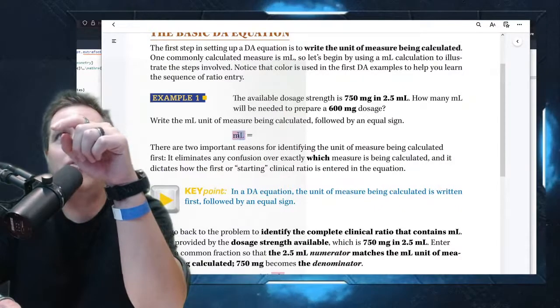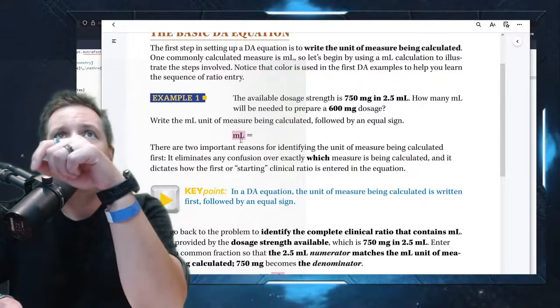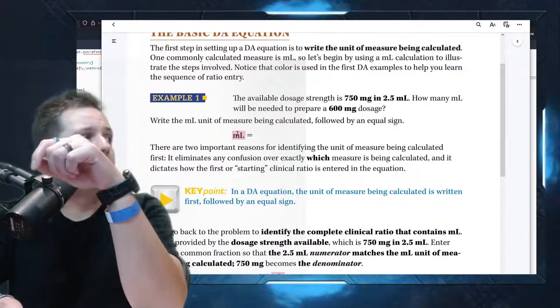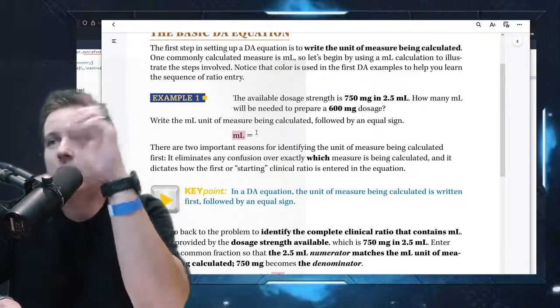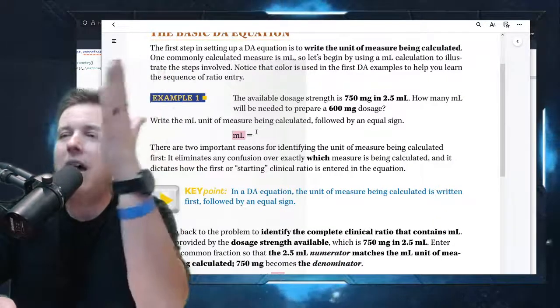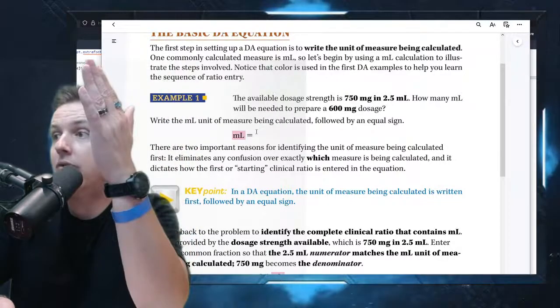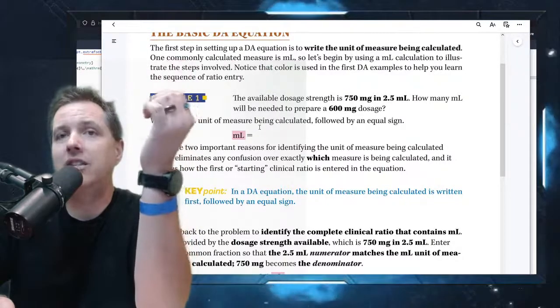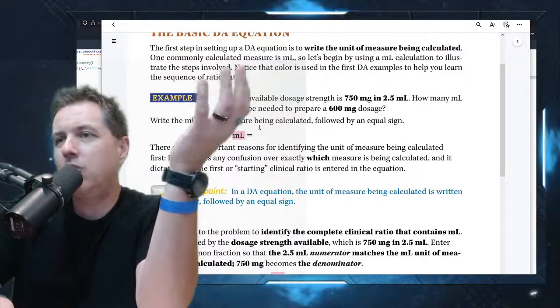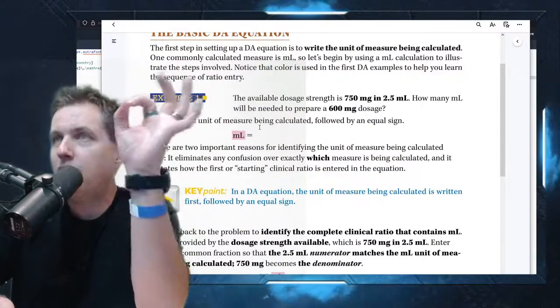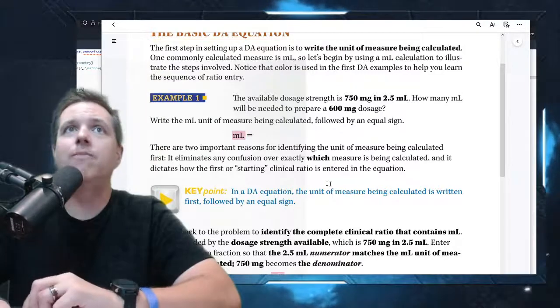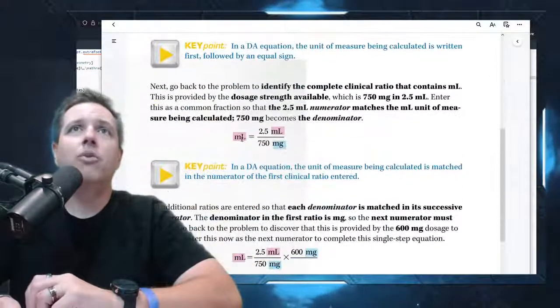So right here, we can put that in the pink spot. We're looking for milliliters, so we go milliliters equals. You don't have to write that part, but it helps you focus on what you're looking for. A lot of times in a question like this, people will ask me, well, I'm not even sure what I'm looking for. So target that piece. We're looking for milliliters. So we write milliliters.